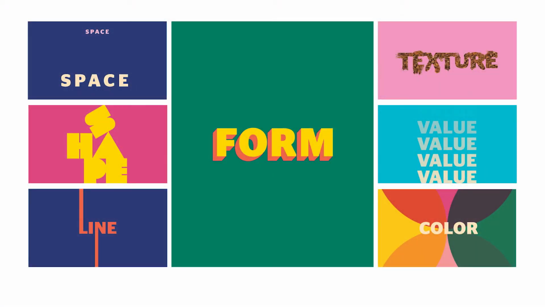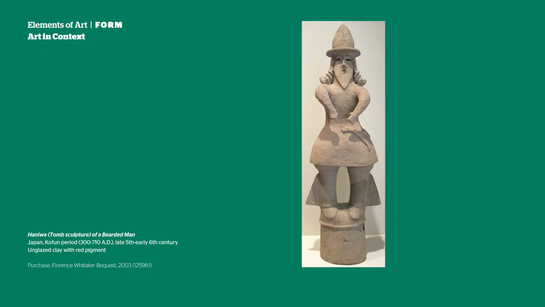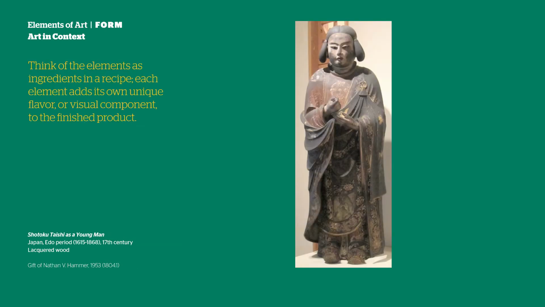Form is one of the 7 elements of art, which include space, line, shape, color, value, and texture. The elements of art are the building blocks that artists use to create artworks. Think of the elements as ingredients in a recipe. Each element adds its own unique flavor or visual component to the finished product.